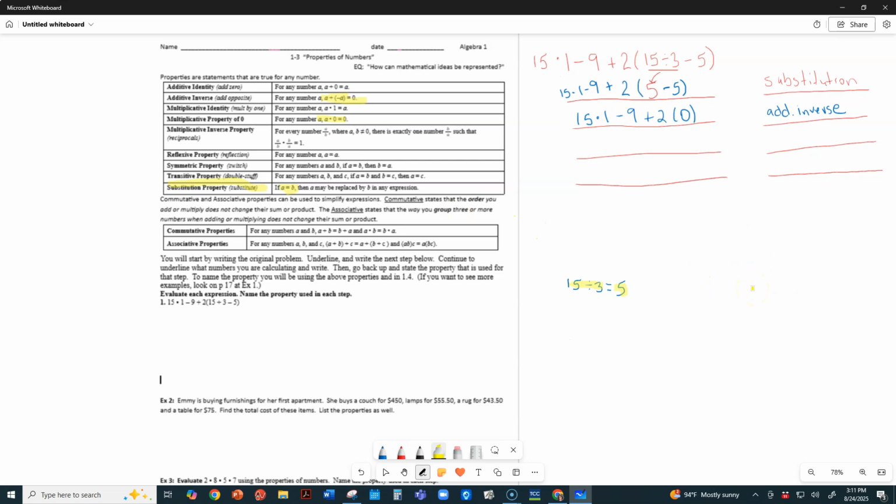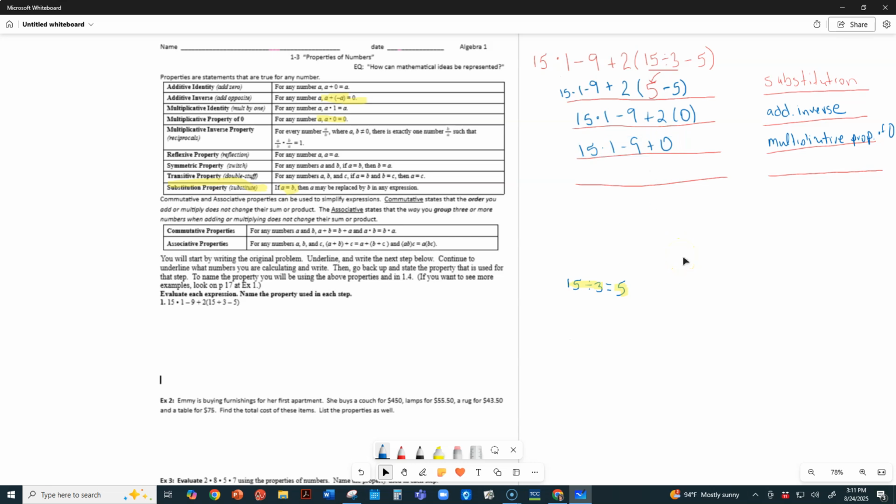So that property that we're using here is the multiplicative property of 0, and that happened to give us 0. 2 times 0 is 0.